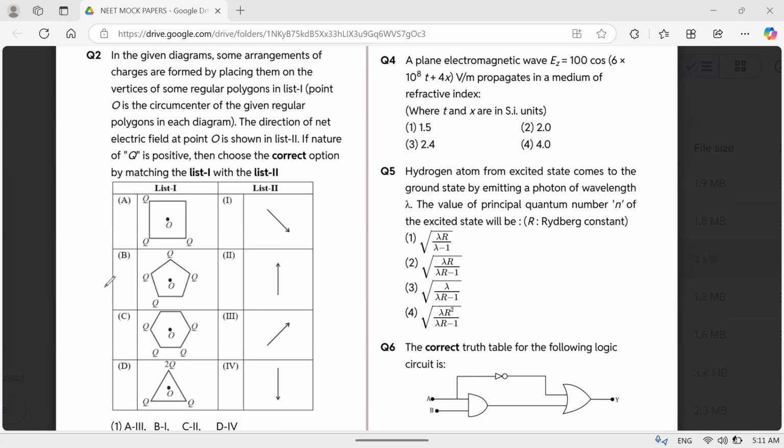First one, can anyone tell me? We need to assume a unit positive charge at point O. Then first one, what will be the answer, beta?